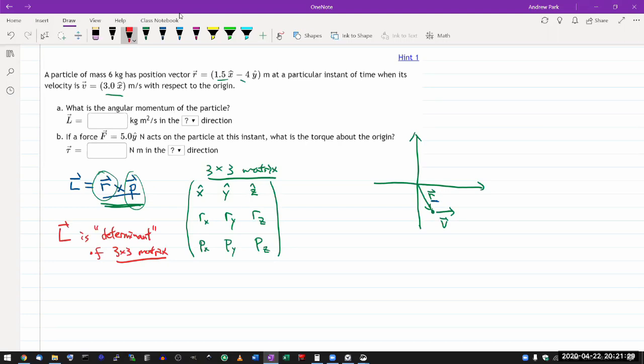It only works for a 3x3 matrix, and it goes this way. You write two extra columns, copying over the first two columns, so that you have x hat, rx, px, and y hat, ry, py. And the way you memorize it is you can build this word puzzle. You can build these diagonal combinations.